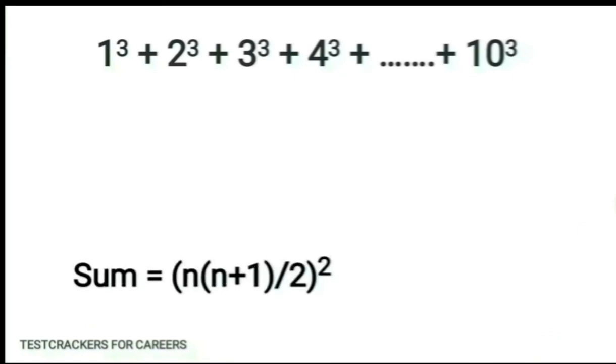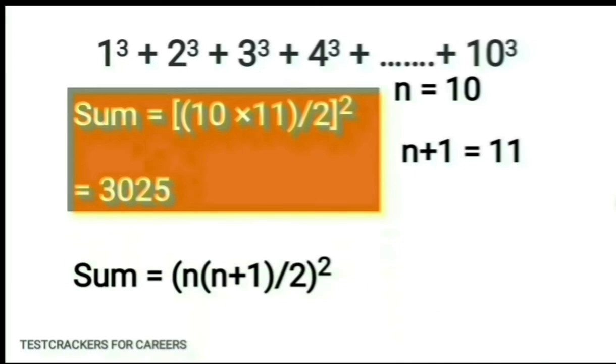We know the sum of the series is given by n into n plus 1 divided by 2 the whole square. Here n is equal to 10 and n plus 1 is 11. The sum of the series is given by 10 into 11 divided by 2 the whole square, which is equal to 3025.